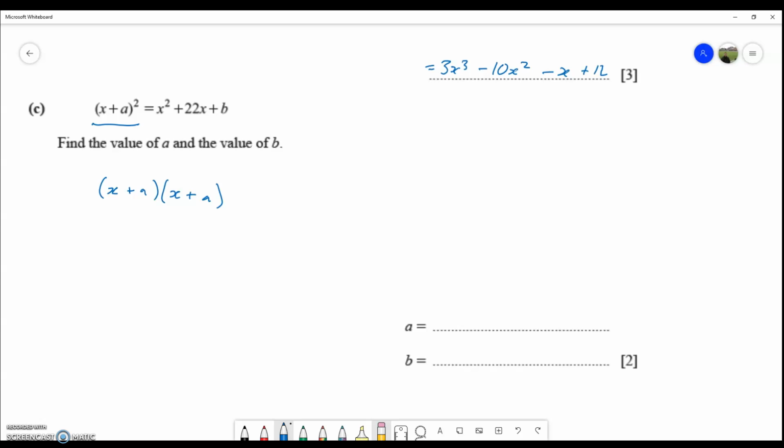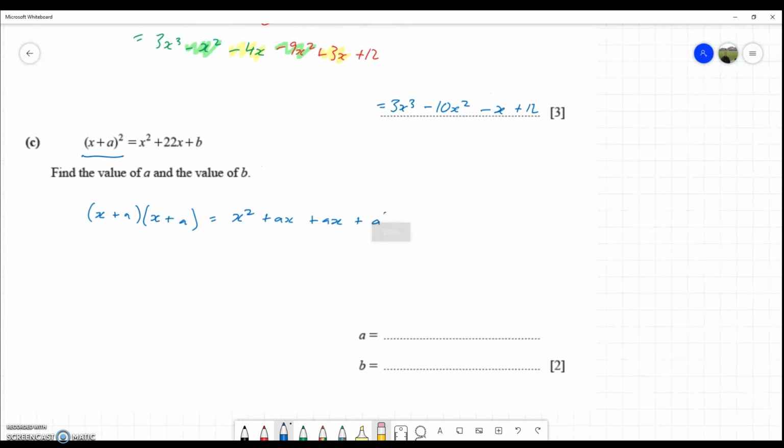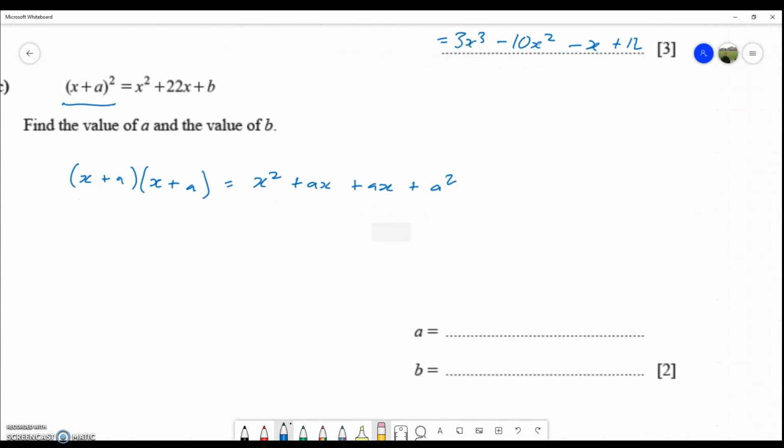Now we should be able to handle the expansion of that, which would give us x squared plus ax plus ax, plus the last one, multiplying the last two together, gives us a squared. Then we can simplify that because the terms in the middle can be added together. So we end up with x squared plus 2ax plus a squared.